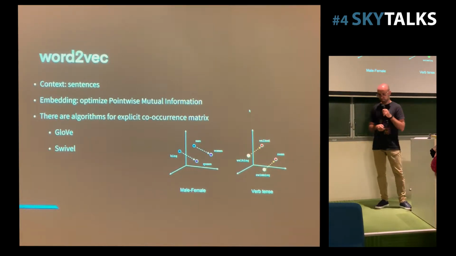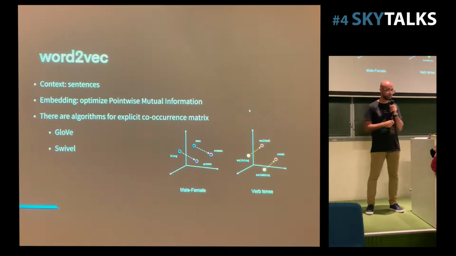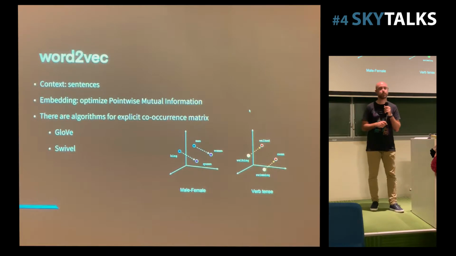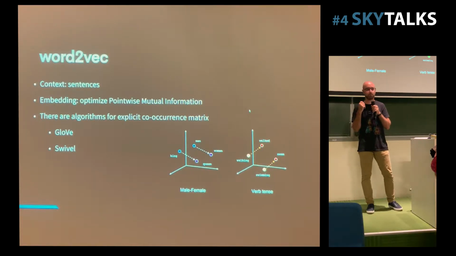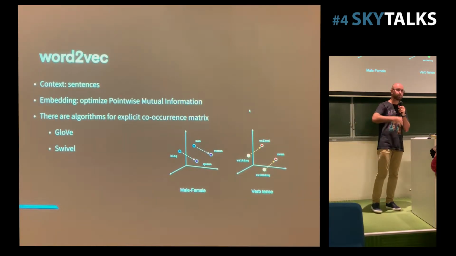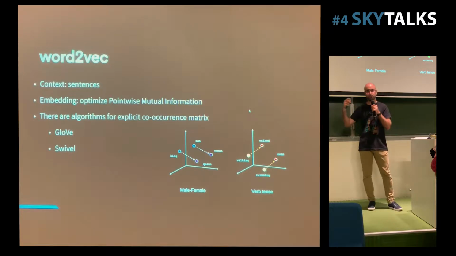So, if you read the papers, you find out that word2vec is actually trying to optimize the so-called pointwise mutual information. This is a metric for capturing similarity. If you have items which often appear together, your pointwise mutual information will be big.